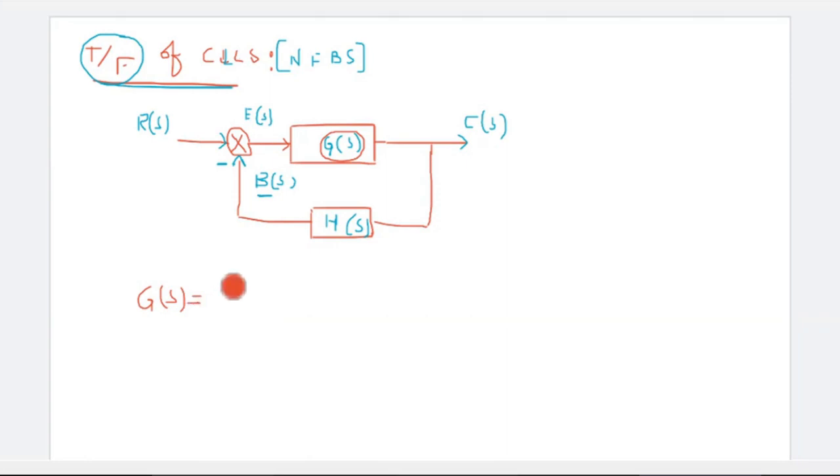That is C of S by E of S. The gain of this block is given as C of S by E of S. That is, G of S is equal to C of S by E of S. Consider that as equation number 1.